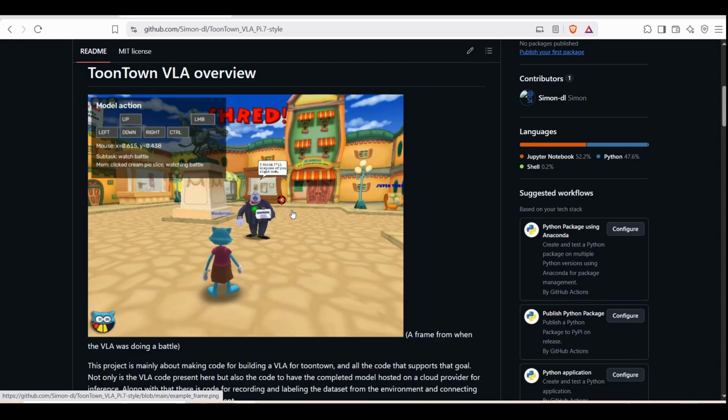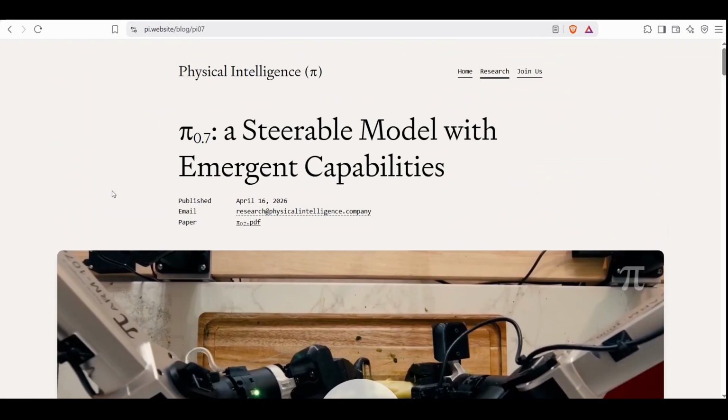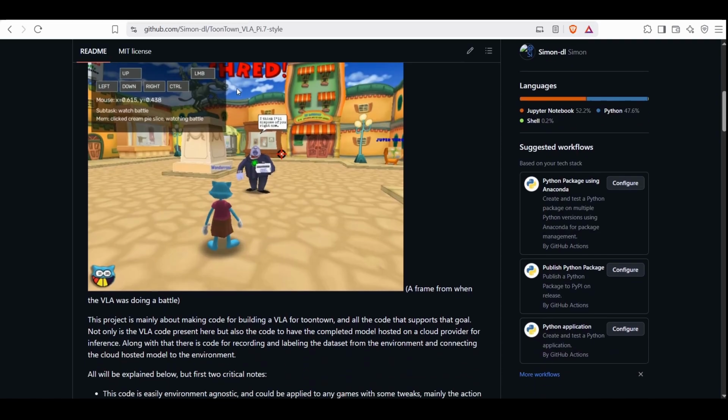But as for understanding the machinery, I think I actually did that pretty well. I do feel like I know a ton about vision language action models now, and that I know the machinery of how it takes in images and generates actions pretty well, especially based off of this Pi 0.7 model, which I created this Toontown vision language action model based off of.